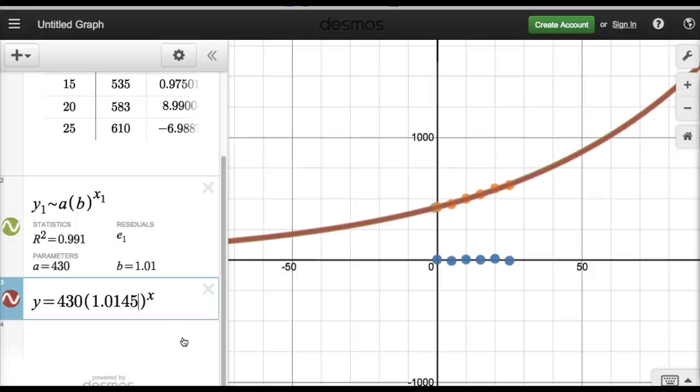Ooh, I think that's pretty close. You know what? I'm just going to keep this one. So then I asked my calculator and it told me the equation. Because they round, that's why they say b is 1.01, but we need to try and make it accurate, so that's why we're plugging in actual numbers to get the equation.